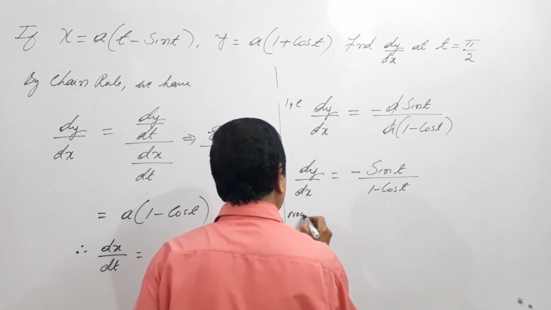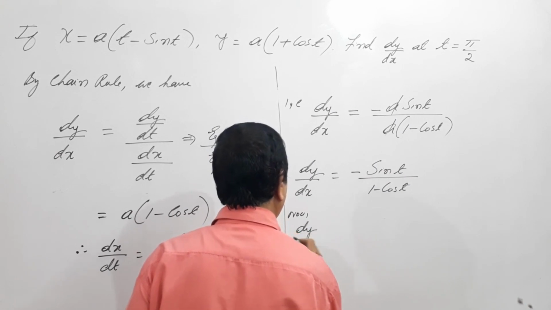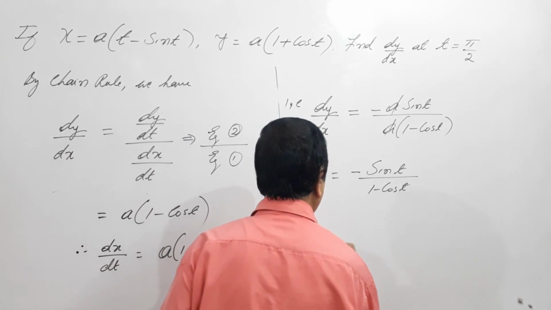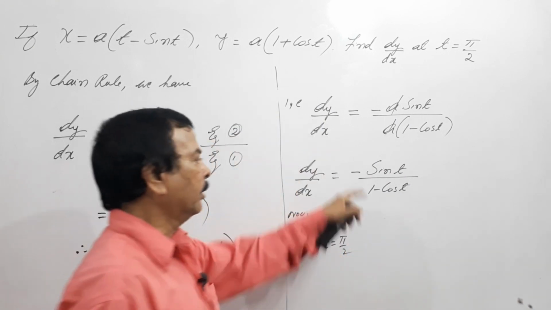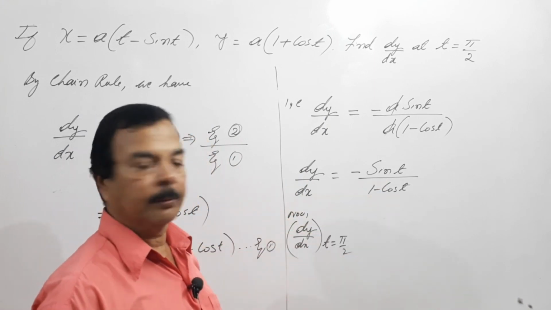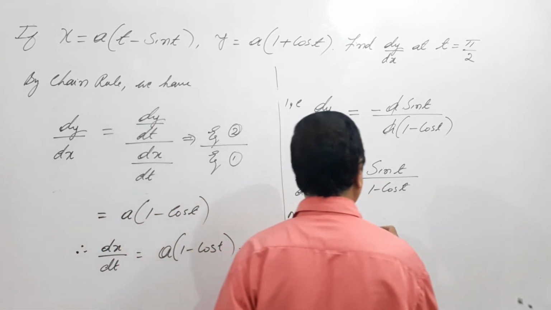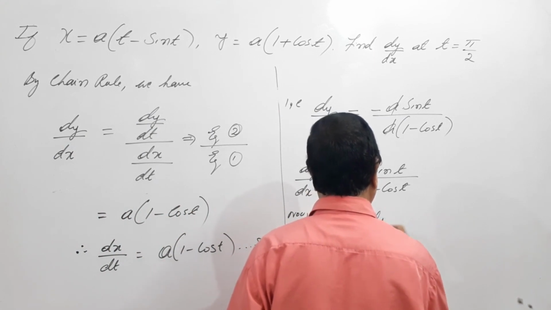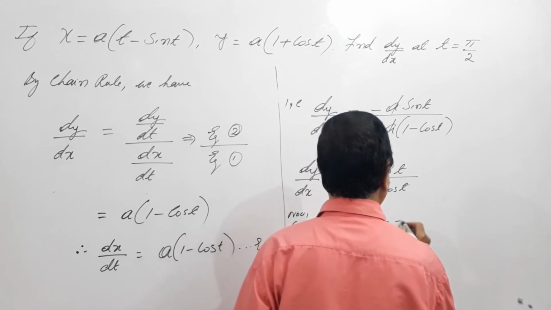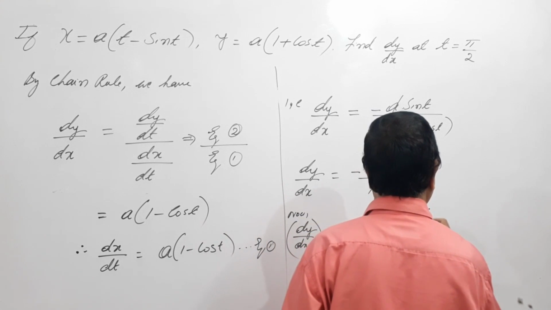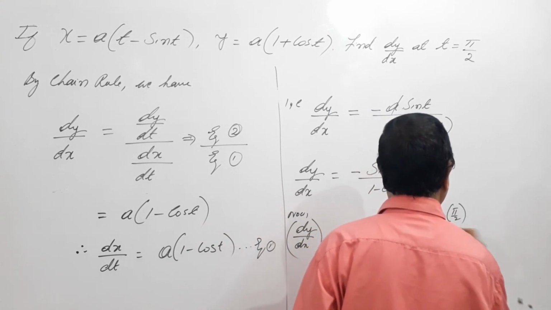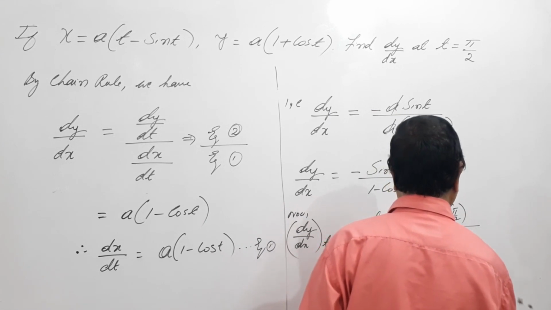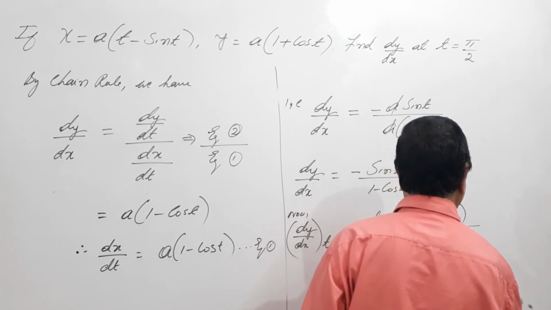Now dy by dx at t equals pi by 2, because he wants t equals pi by 2. So wherever t is there, put pi by 2. That is, dy by dx equals minus sin of pi by 2 divided by 1 minus cos pi by 2.